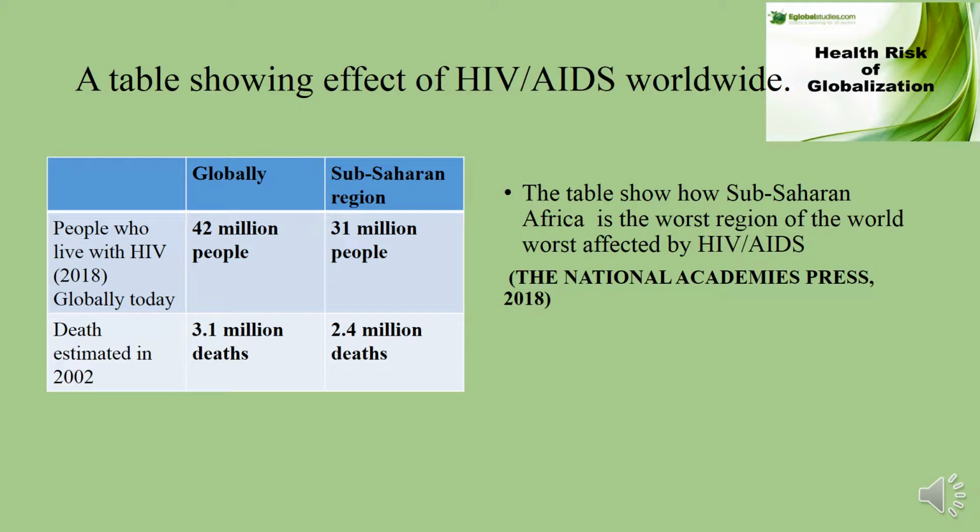three quarters of the people who live with HIV are mostly found in the sub-Saharan region where 31 million people have AIDS, and the deaths estimated in 2002 were 3.1 million deaths globally, while of those deaths 2.4 million were found in the sub-Saharan region.